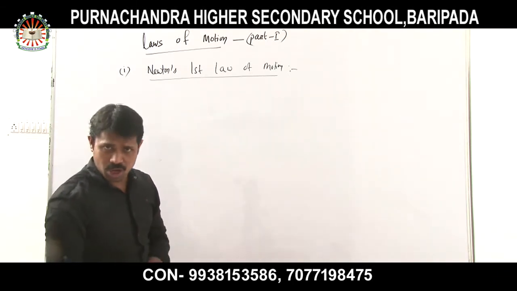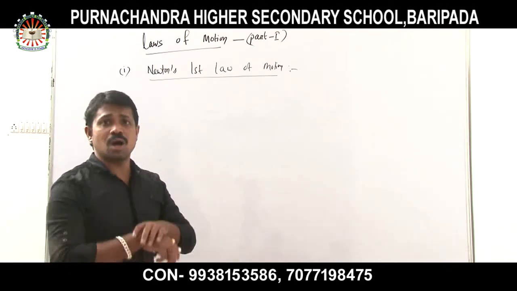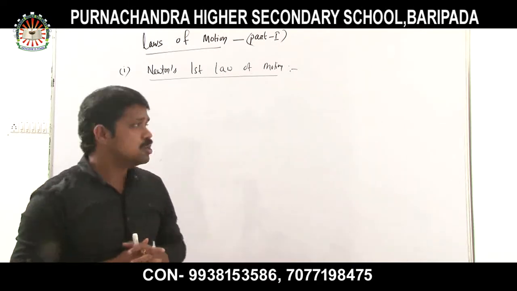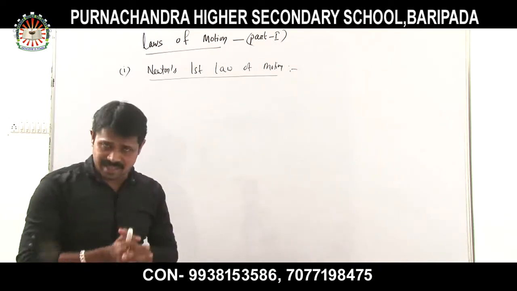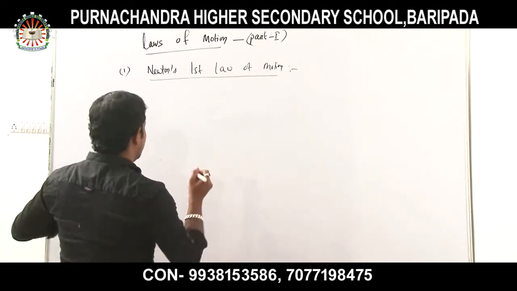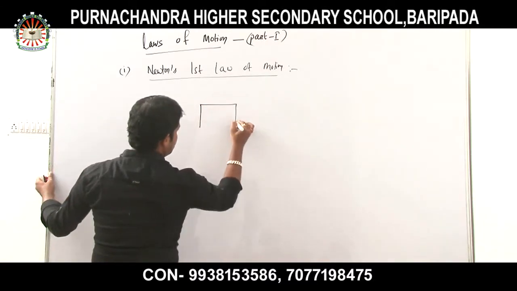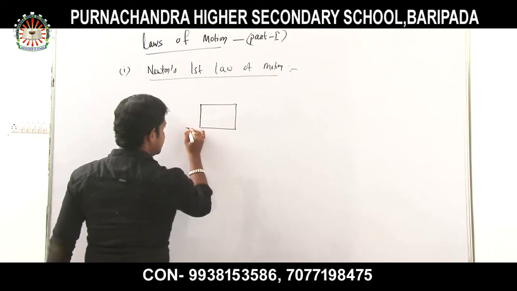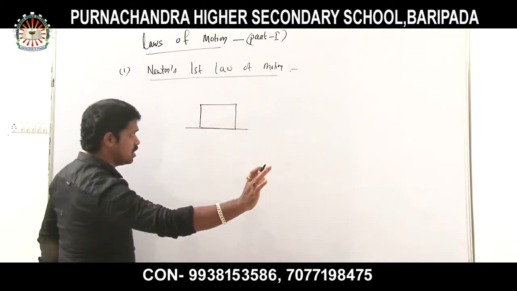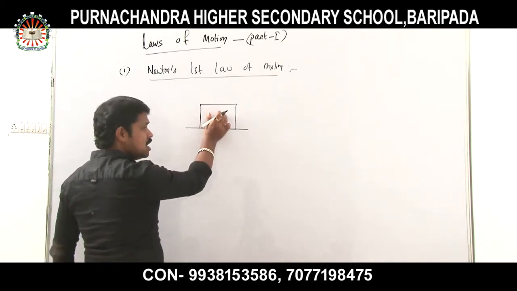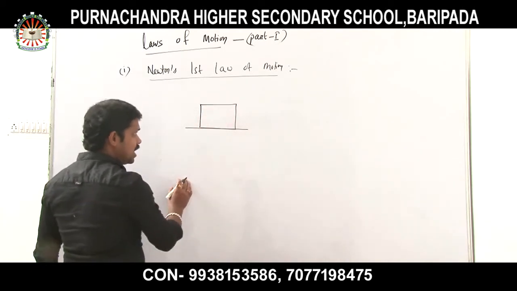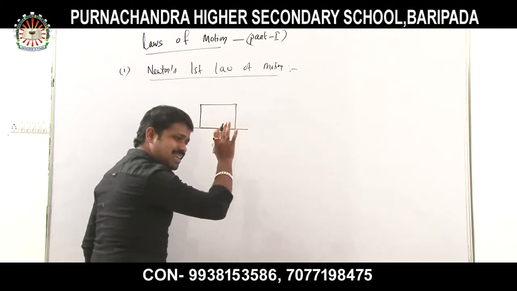Understood? This is the statement, so let us describe it. Suppose an object is there, very simple. If the object is at rest, it is not in motion, and there is no force applied on it, then the object remains at rest.